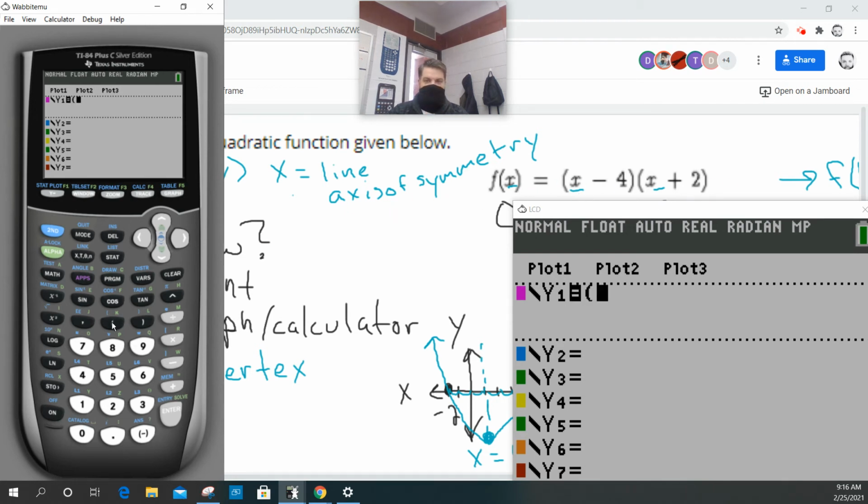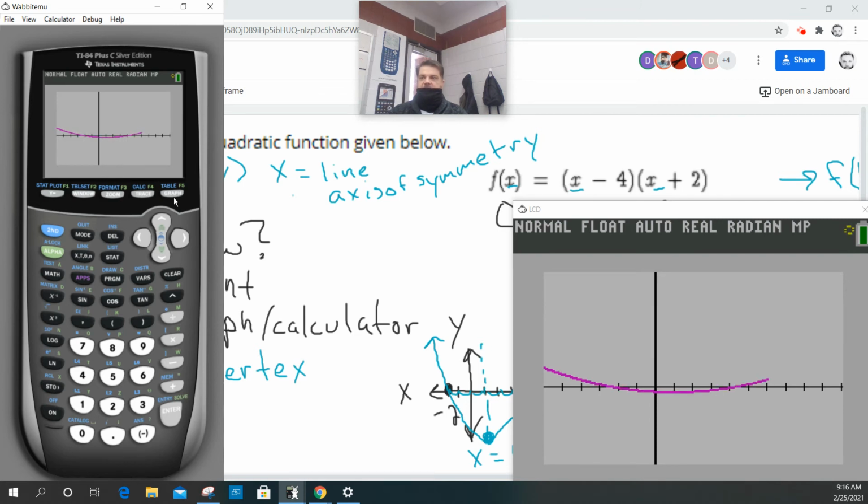In other words, I could put x minus 4, oops, I got to put the 4, times the quantity x plus 2. And the calculator will do the rest. Hit graph.